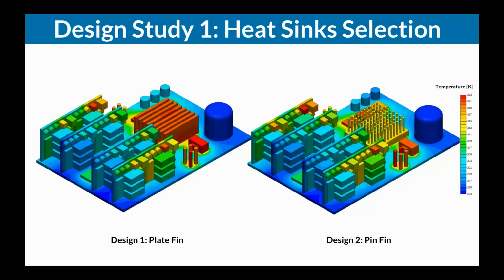I would bring this geometry into the same project in SimScale, just reapply the simulation setup to this new geometry and run it again, right? And that's what was done here. And what you can immediately notice is that the heatsink already is significantly cooler, right? We can see the pin fins are in the yellow realm. The plate fin is hot.